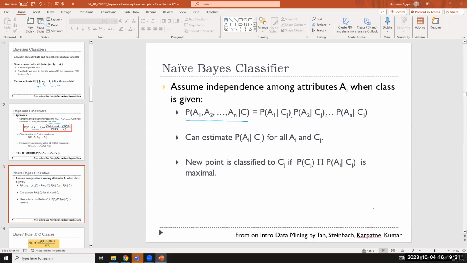You check the probability of each attribute given that class. For example, what is the probability that age is 30 given buys computer? What is the probability of being a student given buys computer? What is the probability of earning 100K salary given buys computer? You multiply all those probabilities, and then you get an approximation.